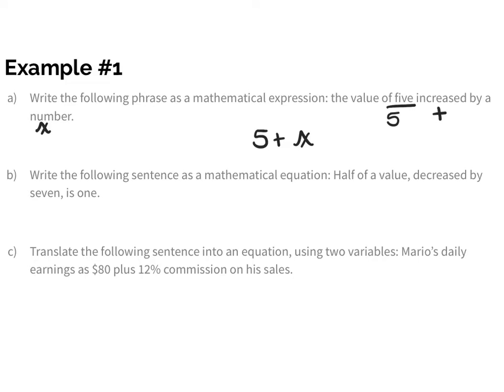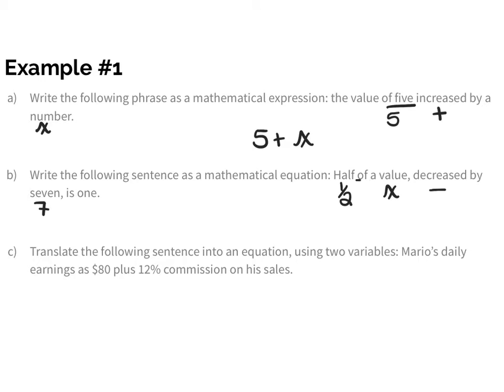Part B. Write the following sentence as a mathematical equation. Half of a value decreased by 7 is 1. So I talked about a value, same as a number. So that would be x. Decreased, we talked about, that would be minus 7. Half, 1/2.